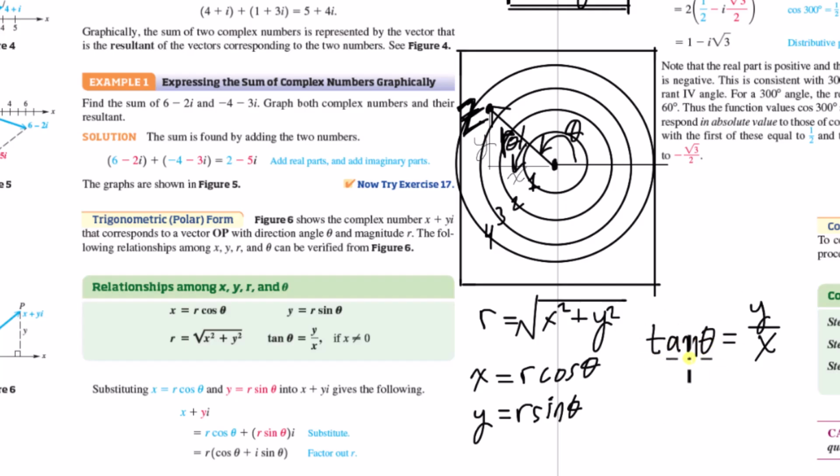Because if we use this to get theta, we're going to do inverse tangent, and it's going to give us something between minus pi over 2 and pi over 2. So we're going to have to do a little analysis to see exactly what angle we're dealing with. Still, we can use this, because if tangent theta is positive, we're in quadrant 1 or 3, and if it's negative, we're in quadrant 2 or 4.